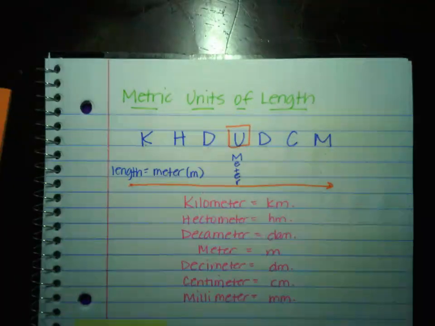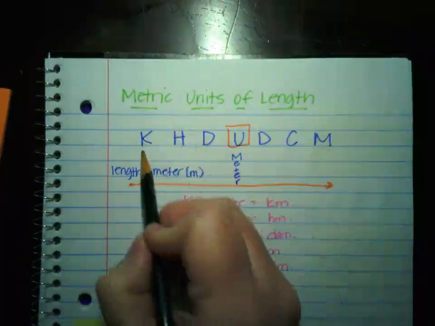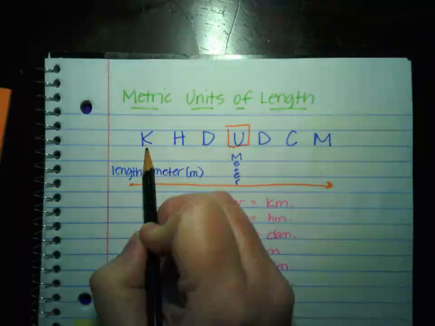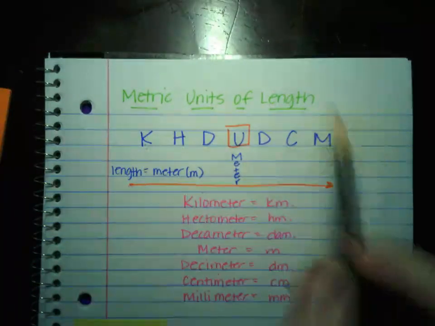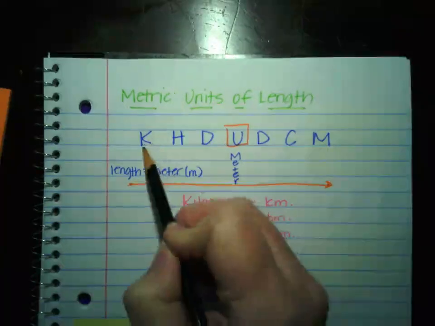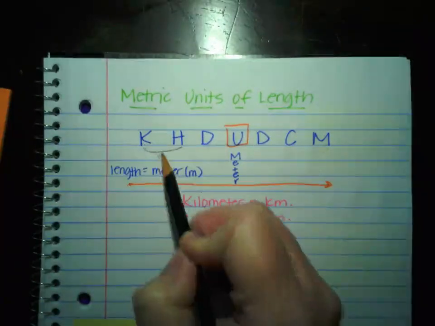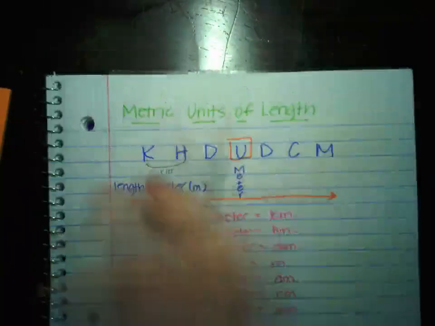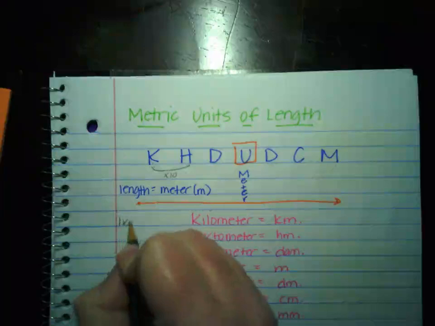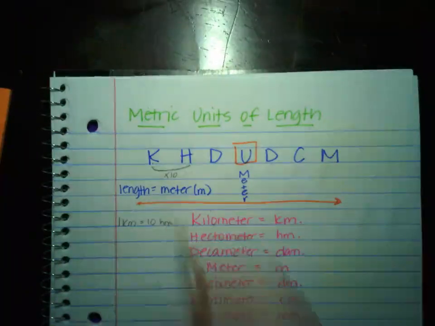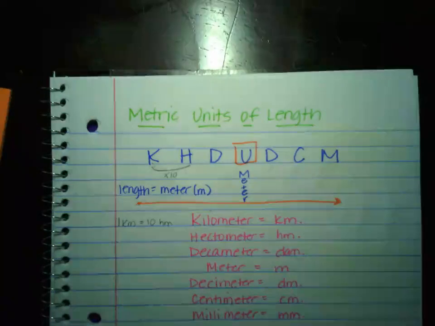So if you have 1 kilometer and you want to figure out how many hectometers that is, then you multiply by 10. That means 1 kilometer is equivalent to 10 hectometers.